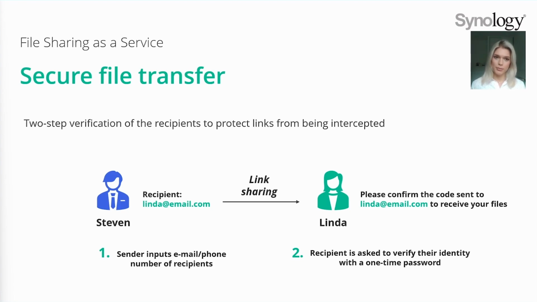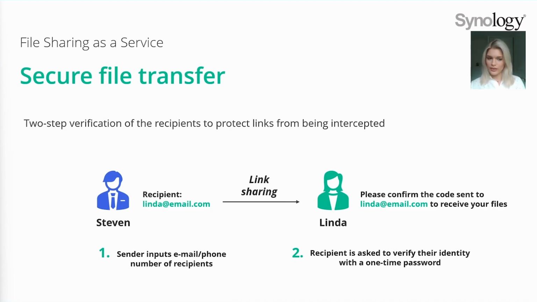He will choose a recipient, Linda's email, and he will get a share link that he can share with her however he wants. It can be an email or a messenger, it doesn't really matter. And when Linda opens the link, she will need to verify her identity through a one-time password that will be sent to her email. This means that she's the only one who can access the files.